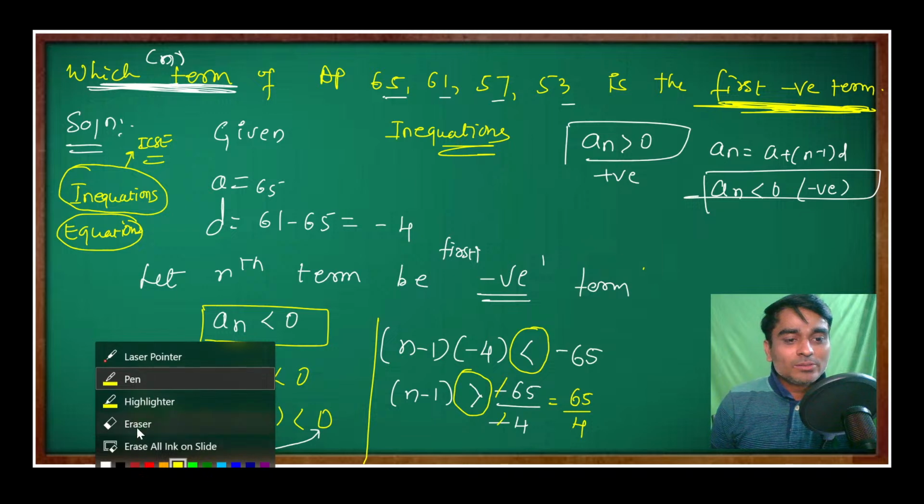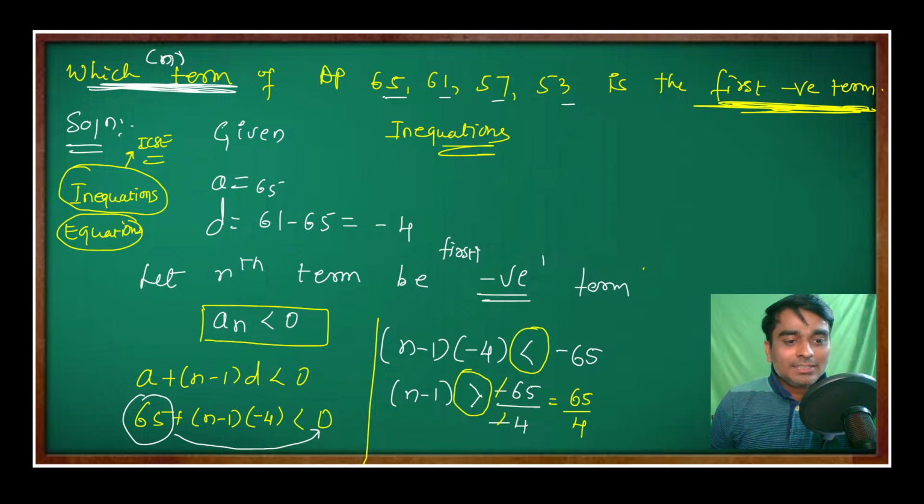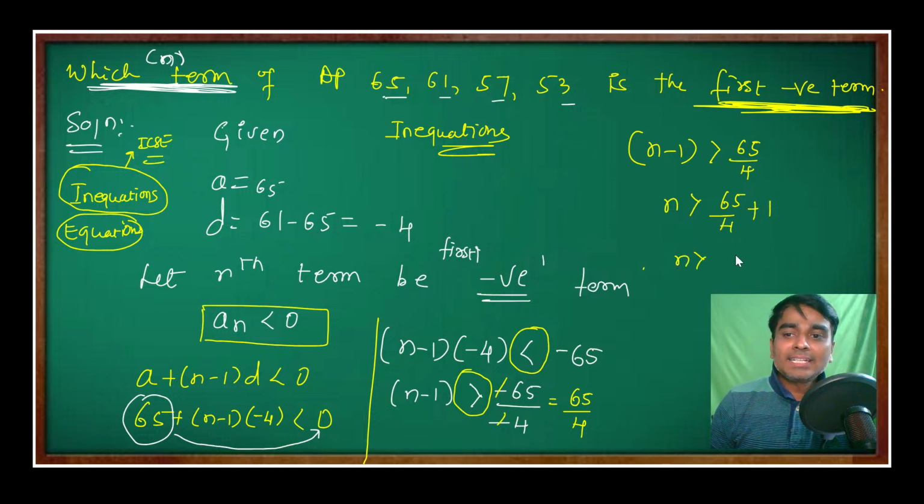Okay, so I think I cannot write here, so I will go here now. Here I'll take n minus 1 greater than 65 by 4. Now n will be greater than 65 by 4 plus 1, which is n greater than, I will cross multiply, 69 by 4.